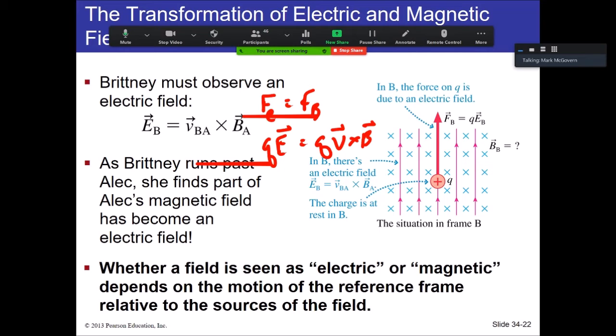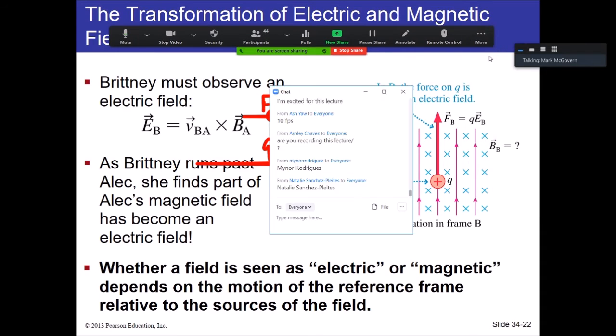And in the moving reference frame, the electromagnetic field is partially due to the magnetic field, but there also is an external electric field due to the motion, which is responsible for providing this force. So it's not as if these things replace each other. It's just that components can transform and they can be seen differently. But the strongest implication of all of this is that there really is no distinction between these two. It's a tenet of physics that the laws of physics are the same in all inertial reference frames. So whether you see something as electric or magnetic is just semantics, really.